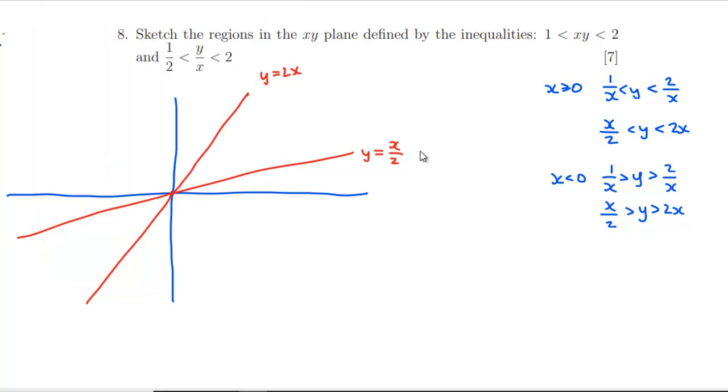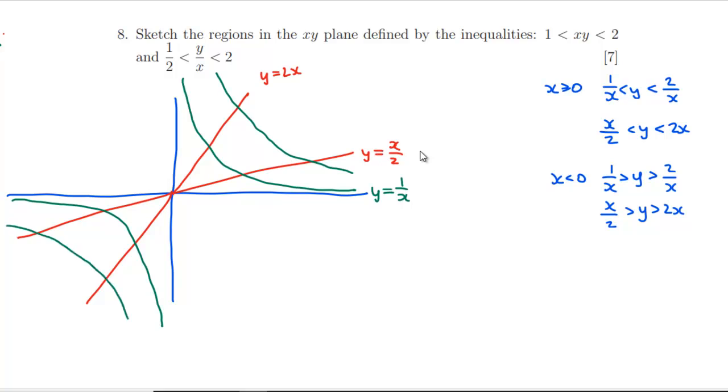So we've got 1 over x, which is going to be looking something like this and something like that. So that's y equals 1 over x. And then we need 2 over x. So that's just doubling that up in the y direction to do something like that and something like that. So this is y equals 2 over x.